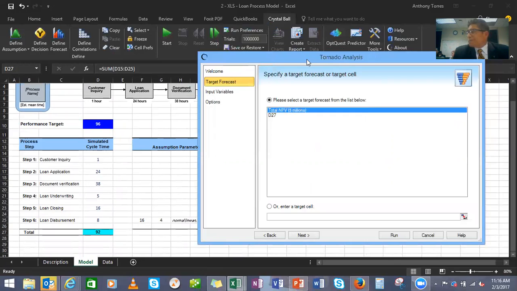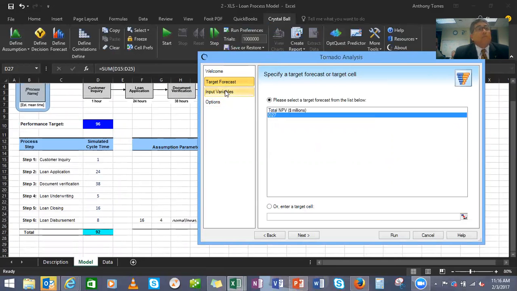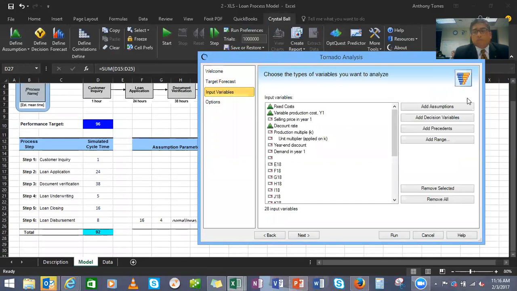This is not a Microsoft product. All right, so our forecast is total time. For our input variables, I'm just going to say add precedents and let it trace up and find all those precedents. But you should be unsurprised that it gets each one of those steps. Anything in the model, it'll trace through all those formulas and get you a list of all the inputs that drive that one calculation.